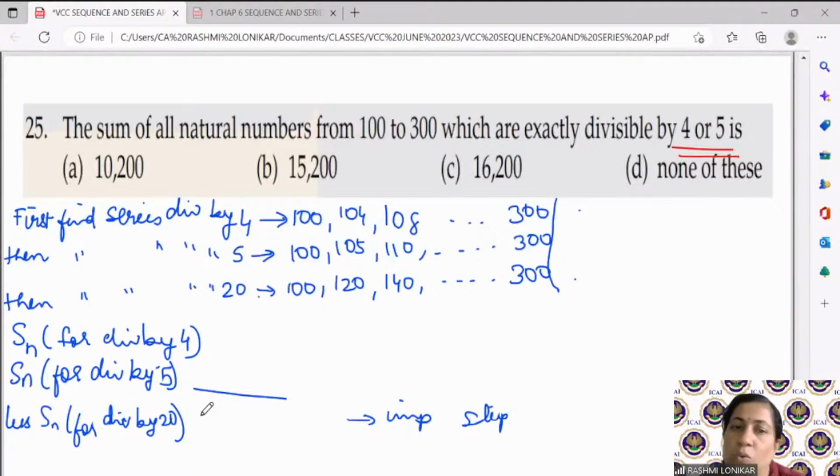Why? Because those numbers which are divisible by 20 are already there in the series of 4 and in the series of 5. For example, the number 100 has already been considered, so we cannot reconsider it. That is why we are doing this.